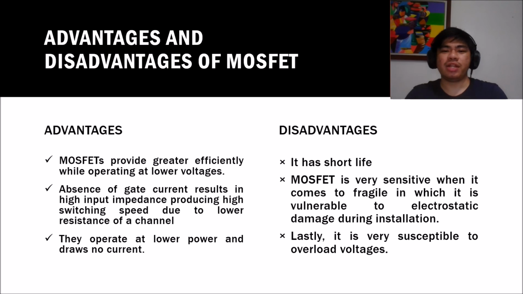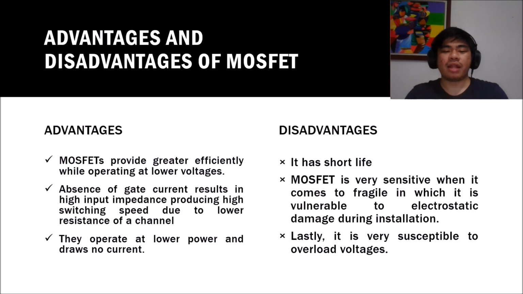So after the simulation, here are the advantages and disadvantages of MOSFET. The advantages: MOSFET provides greater efficiency while operating at lower voltages. And the absence of gate current results in high input impedance, producing high switching speed due to lower resistance of the channel.